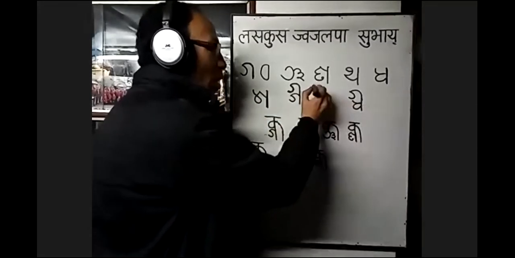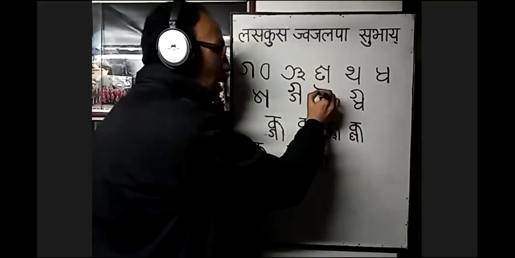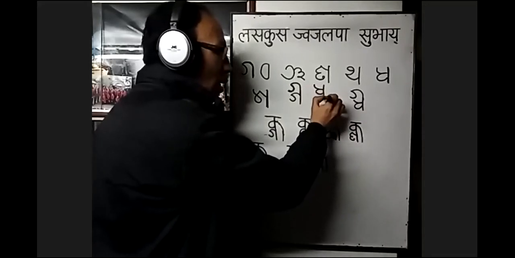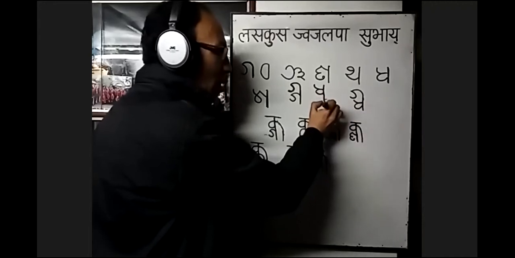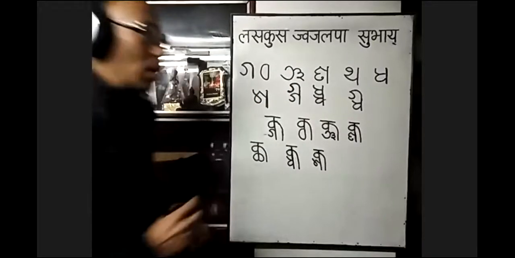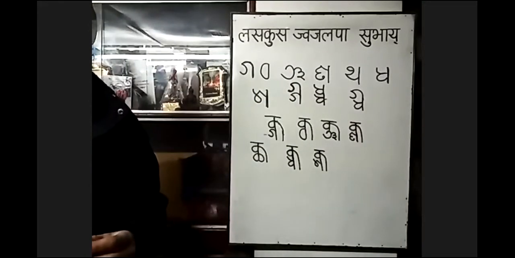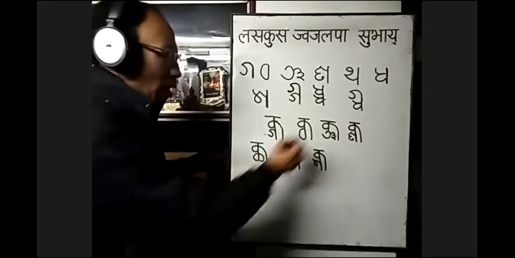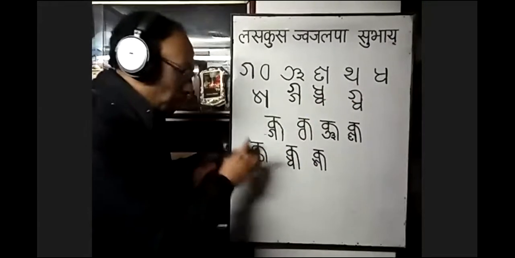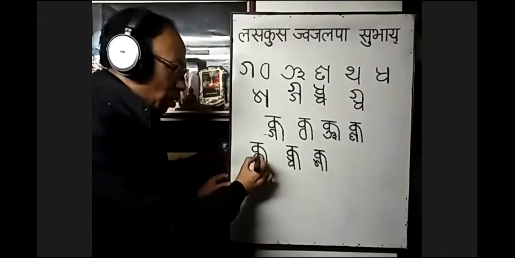And similarly, tha on tha, we write this tha first, and then we write another tha from here. So this is how we did. The only difference is when the tha comes at the bottom, it changes the shape.